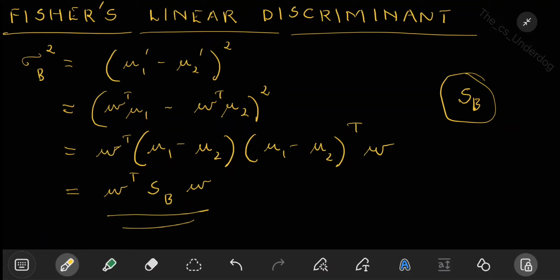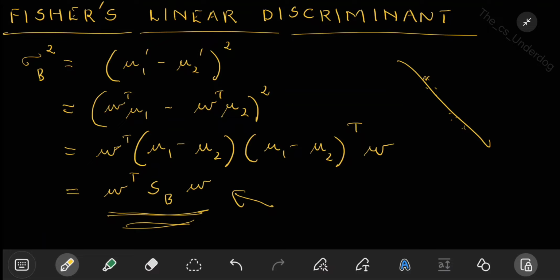So my between class variance for the points after projecting onto the axis can be written as W transpose SB W, where W is the vector to which I am projecting and SB is the between class variance before projection.